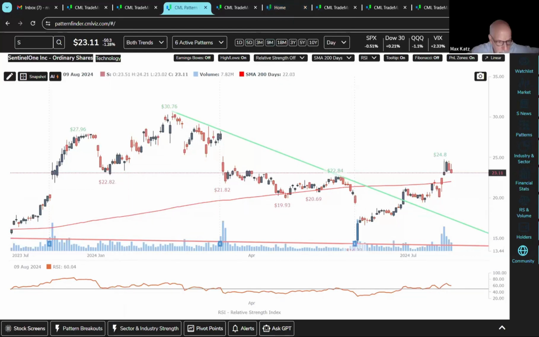Stock screens, do you see it? Yep, absolutely. That's where you're going to find the stock screener. Although they're not directly connected, I just use two tabs to keep TradeMachine and Pattern Finder open and go back and forth between them. It looks like Max does the same thing. We are talking about the possibility of a single sign-on setup in the future, but right now they are going to be independent.